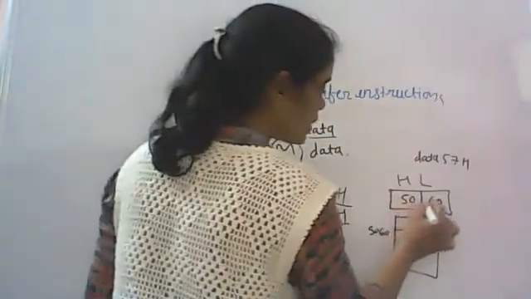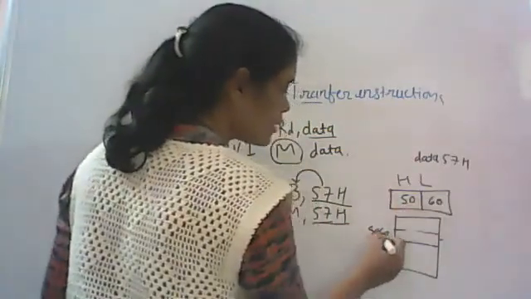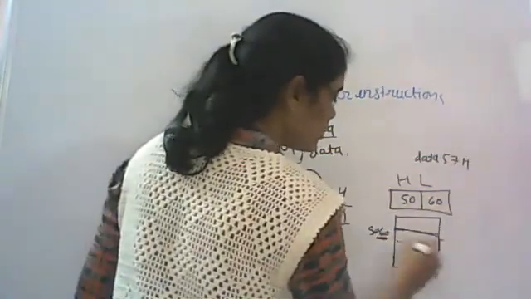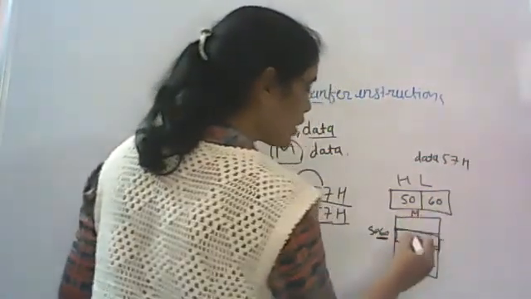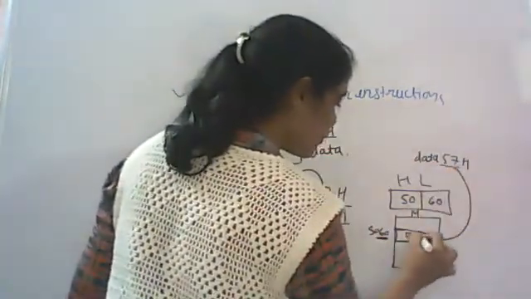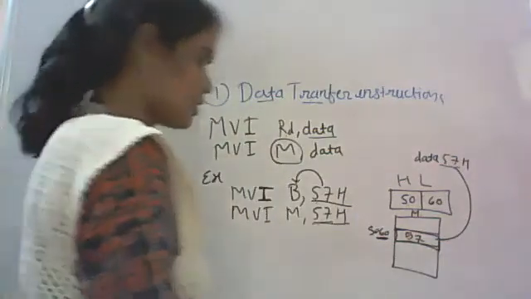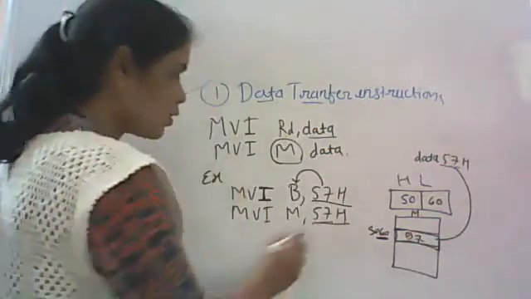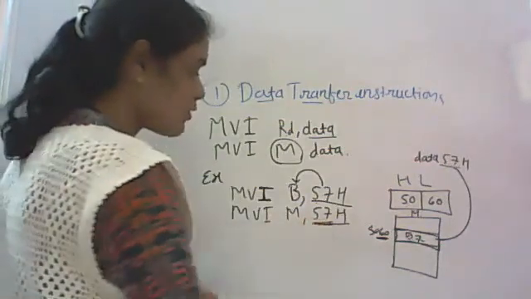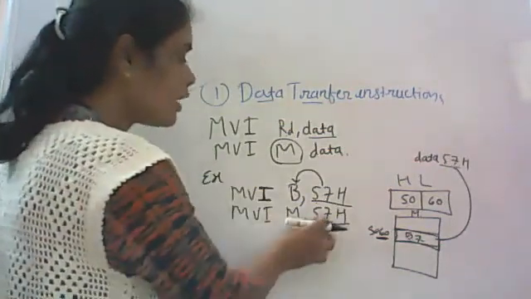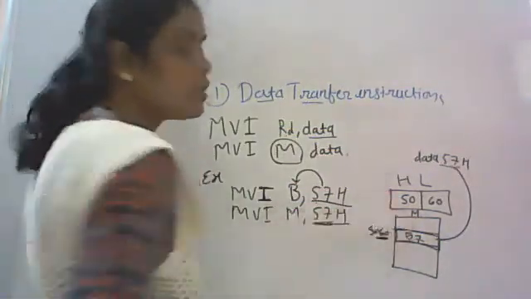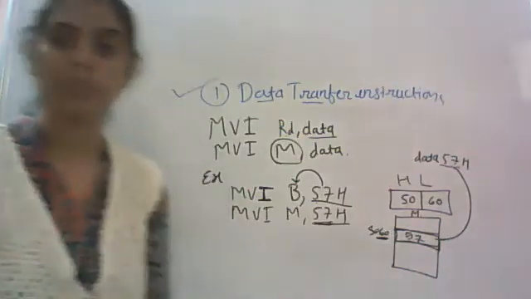If the HL pair contains 5060, this address, in this memory location, store this data, that is 57 hex. So in this instruction, store this 57 hex into the memory location pointed to by the HL register pair. Got it?